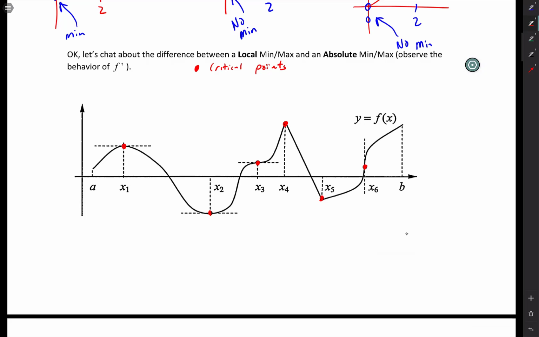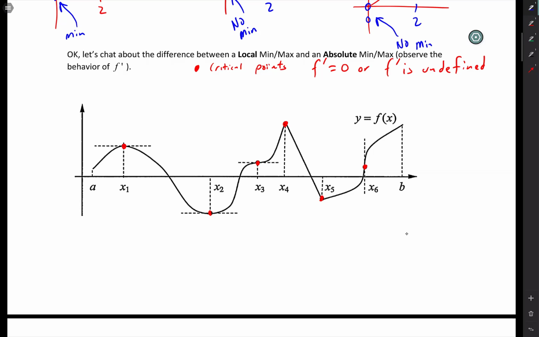Critical points are where f prime equals 0 or f prime is undefined. Critical points are possible candidates for maxes and mins, as well as endpoints.